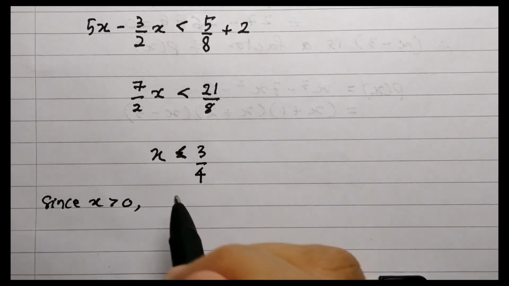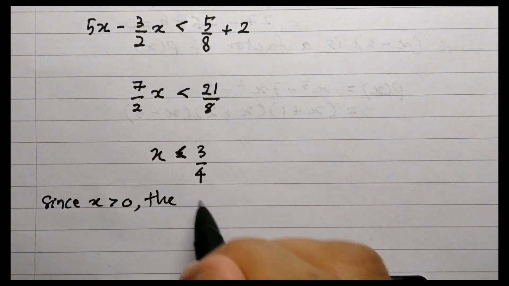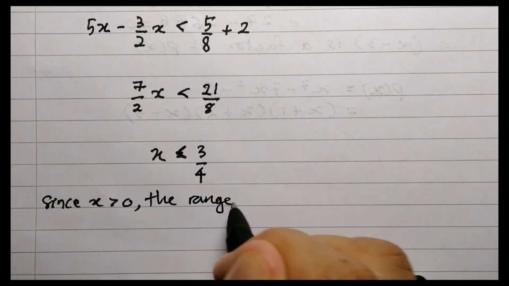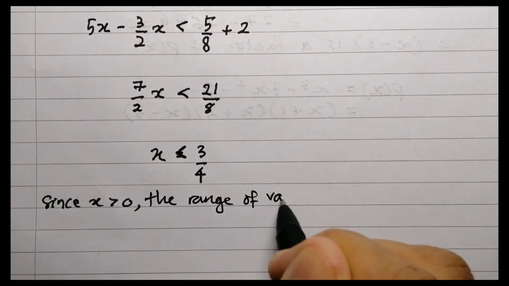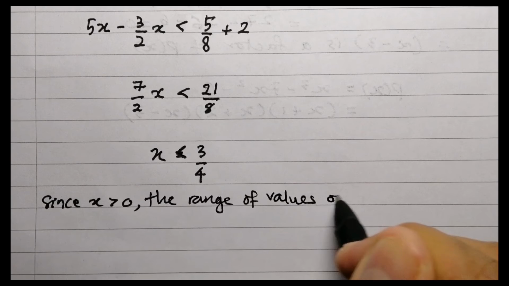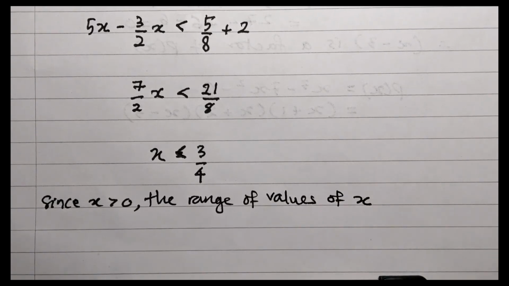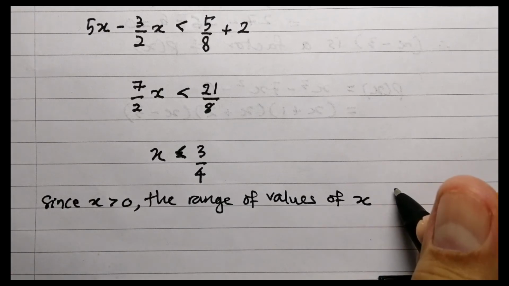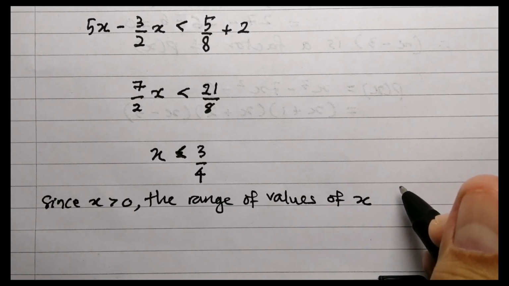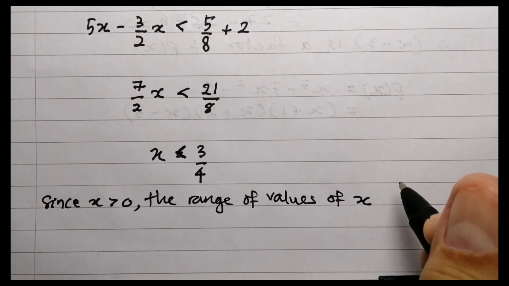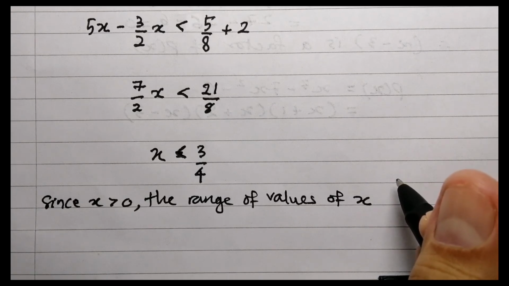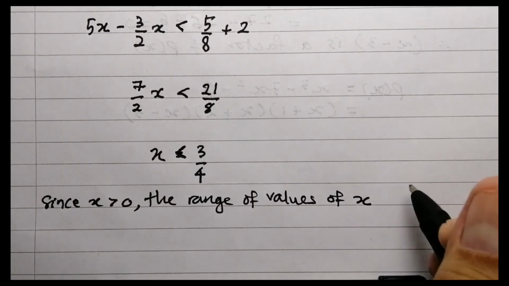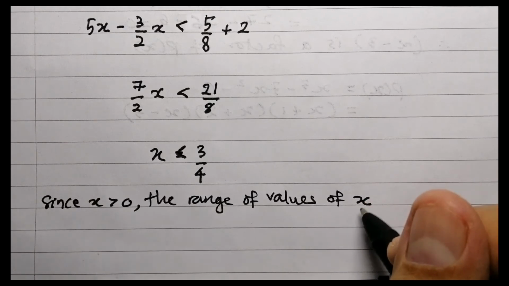The range of values of x for the given inequality starts from 0, and from the solution above, x is less than 3 over 4.